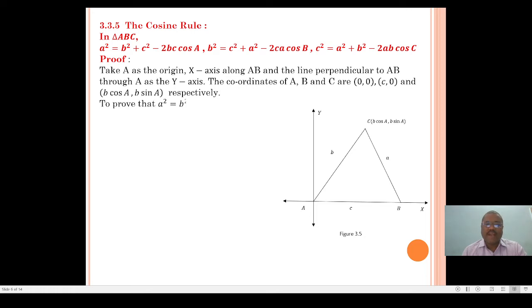Now to prove that a square equals b square plus c square minus twice bc cos A, we see LHS equals a square equals BC square.